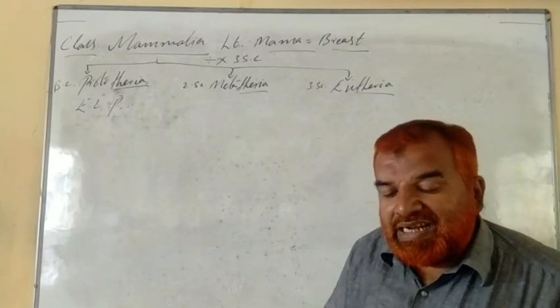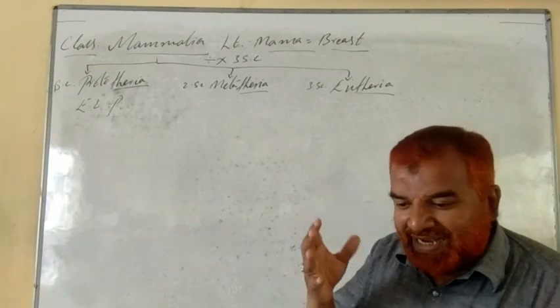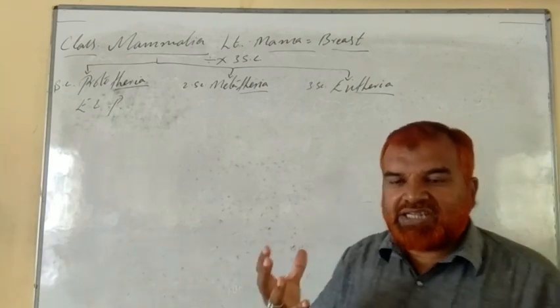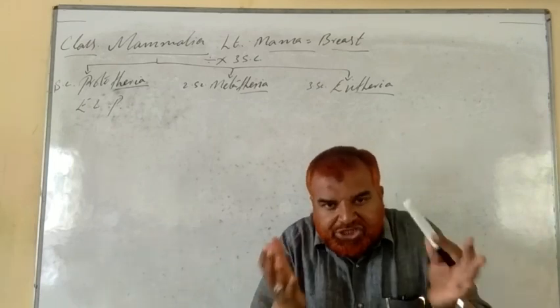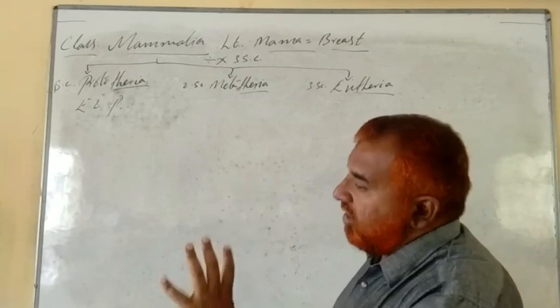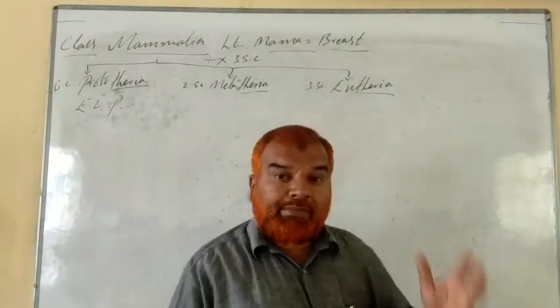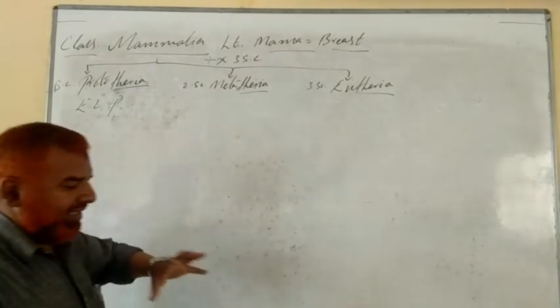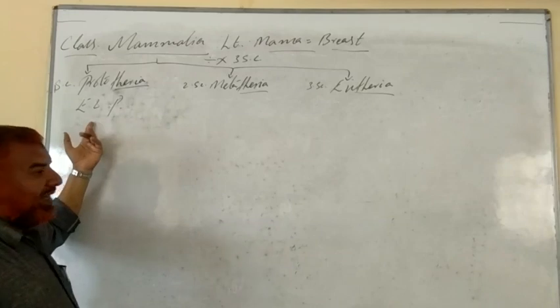They are the connecting link between aves and mammals, because their characteristics are a combination of the two. They possess certain characteristics of birds and other characteristics of mammals. Hence they are known as the connecting link between those two classes, and they are egg-laying mammals.